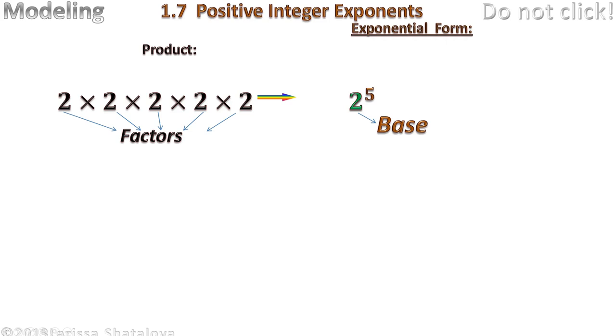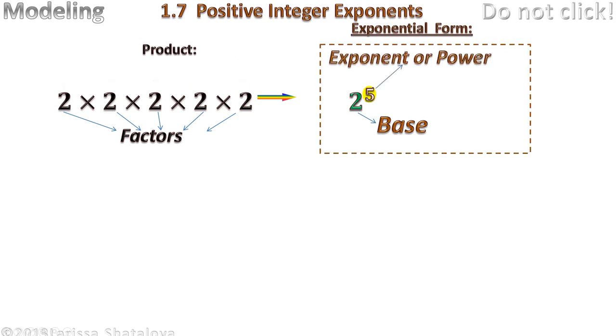Base tells us what number we are going to multiply by itself. And 5 we would call exponent or power. Exponent tells how many times we are going to multiply this number by itself. And we can read this expression as positive 2 or just 2 to the 5th power.